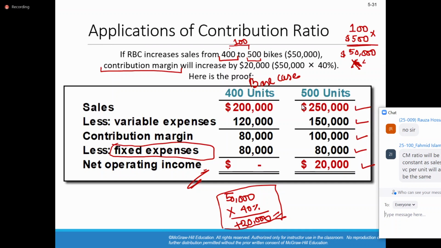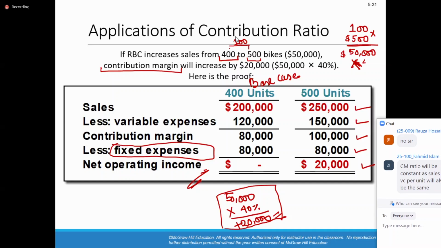Famit has expressed it clearly that as long as there has been no changes in the sales price per unit and the variable expenses per unit, there should not be any change in the contribution margin ratio. But you see, if you look at the contribution margin, it is changing.